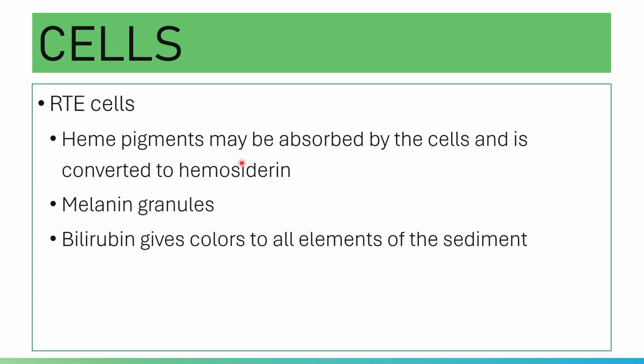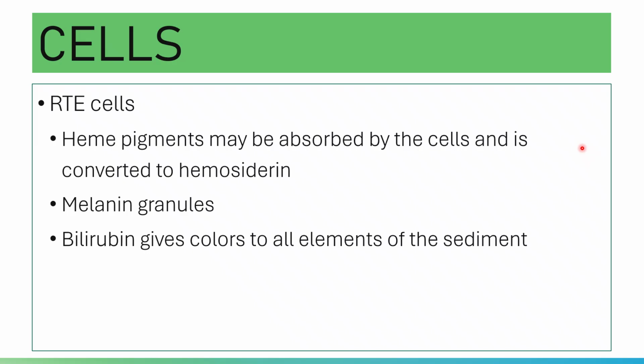Please note again that your renal tubular epithelial cells are capable of absorbing substances. That is why they can absorb heme pigments from myoglobin, as well as from hemoglobin. These pigments may be absorbed by the cells and converted into hemosiderin.